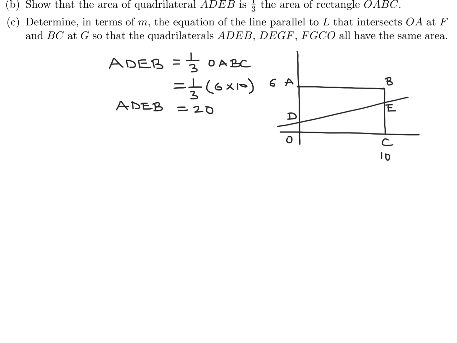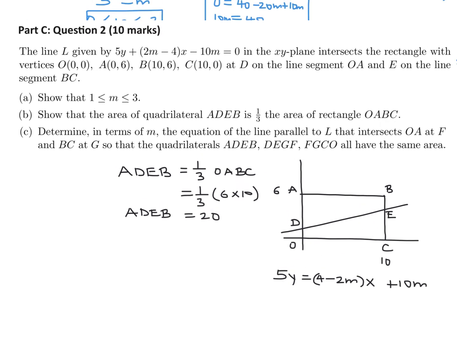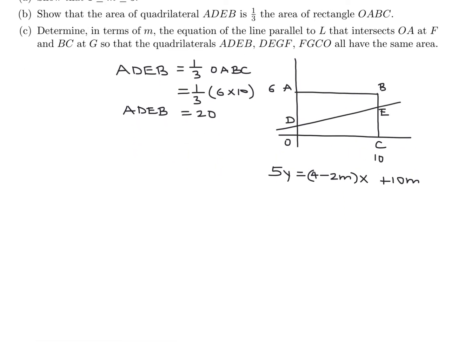All right, so let's go back and remind ourselves of the equation. It was 5y is equal to (4 minus 2m)x plus 10m, right? That was the equation of this line that passes through D and E. Working with that equation, we need to first find some of these points.